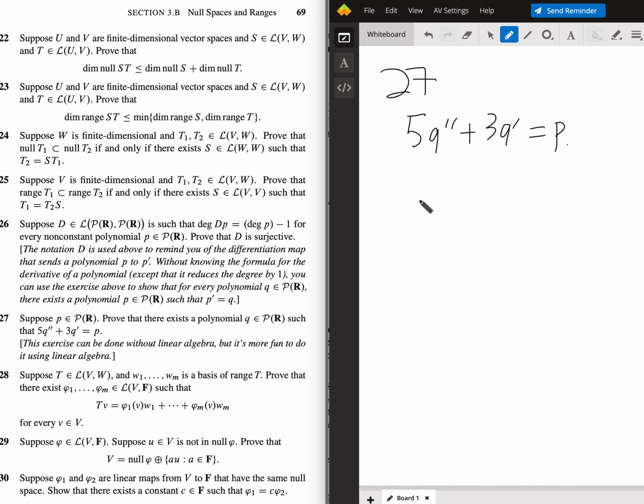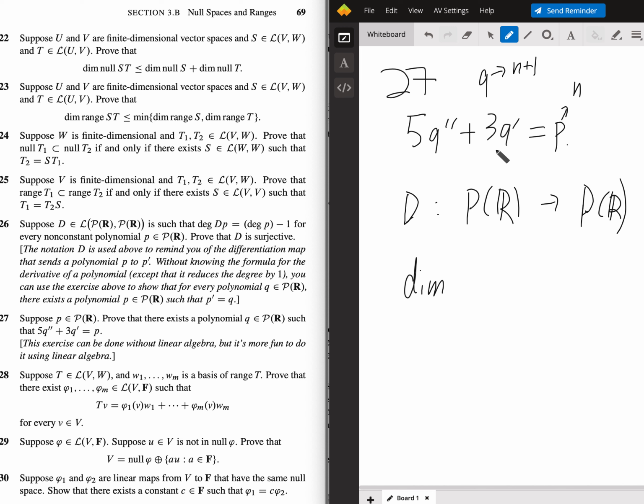So consider this sort of situation. You have a differentiation map from a polynomial to another polynomial. The way they thought about it is thinking about dimensions. In fact, let's say polynomial P has degree n, then Q has to be a polynomial of degree n plus 1.